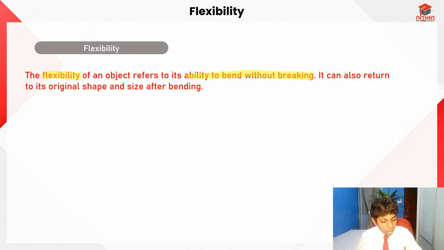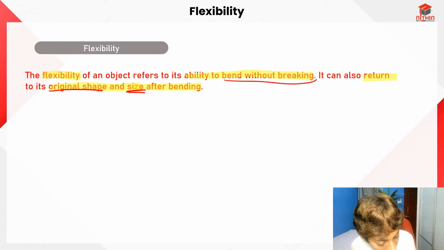It can also return to its original shape and size after bending. Let's highlight the important stuff. Original shape and size. So basically it is the ability to bend without breaking.